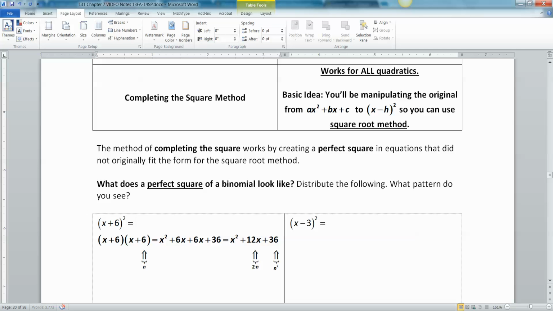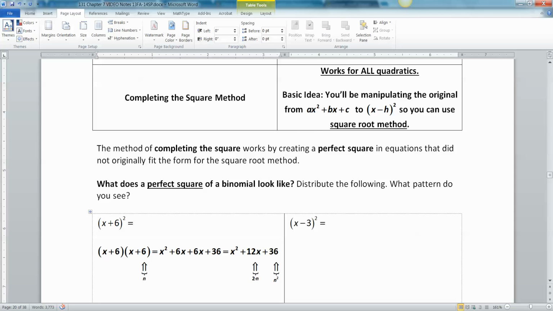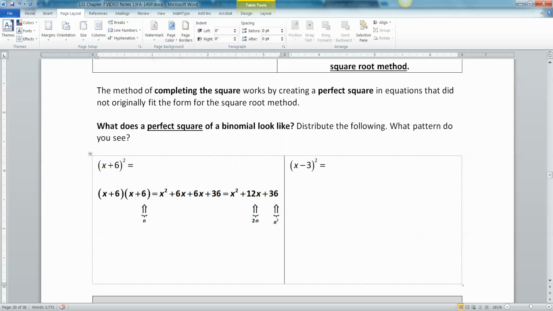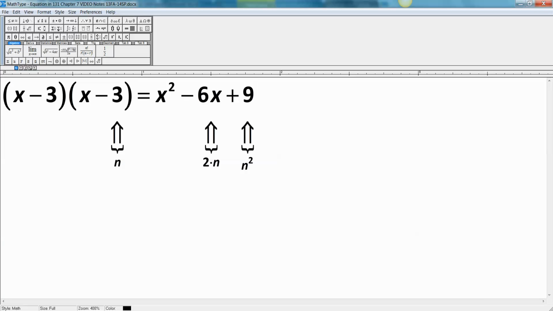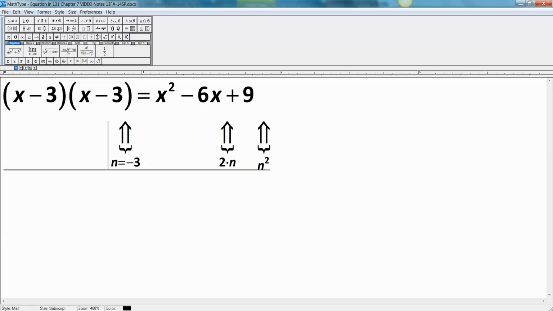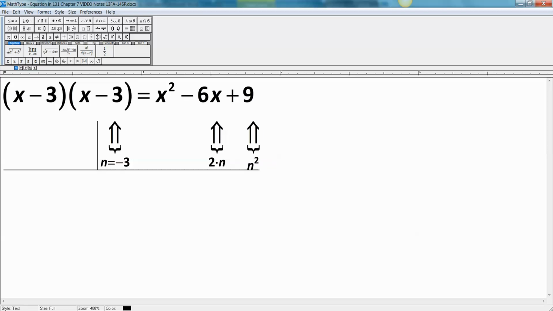All right, so that same idea will hold true over here for this one with x minus 3 squared. So I have x minus 3 times x minus 3. So n is minus 3, right? It was negative 3. And then what I'm doing is I'm multiplying. So x times x, that's x squared, right?